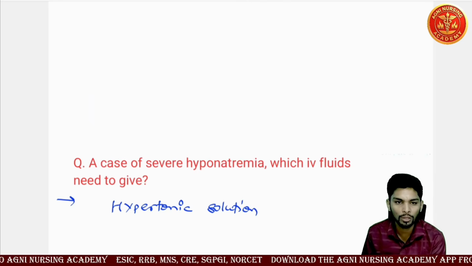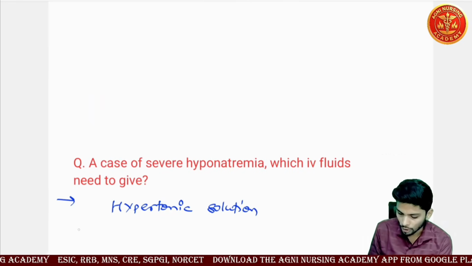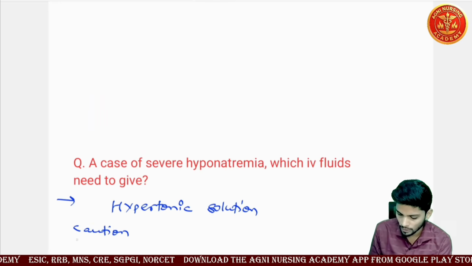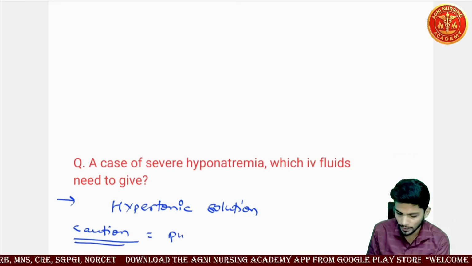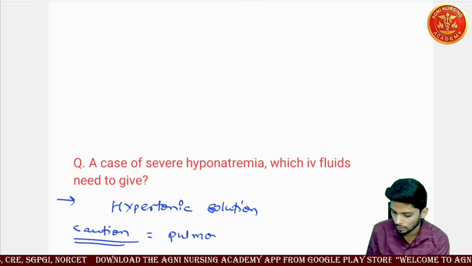But I told you already, while giving hypertonic solution, we have to be cautious for pulmonary edema and circulatory overload.